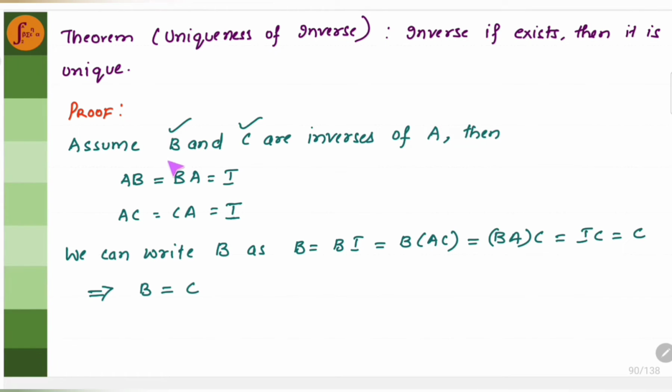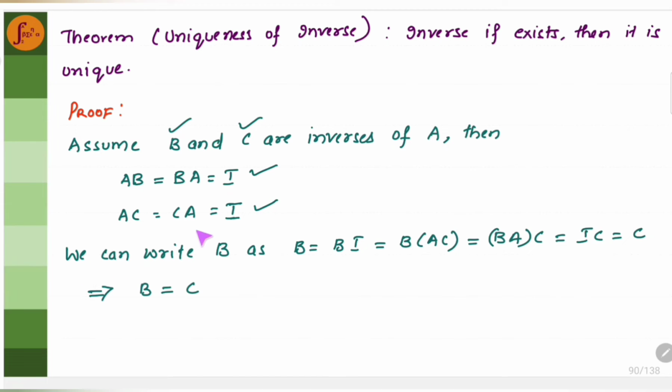So since we are assuming that B is an inverse matrix of A, the property says that A into B is equal to B into A and is equal to the identity matrix. The next thing we are assuming is C is also an inverse of A. Since C is also an inverse of A, A into C is equal to C into A is equal to I. So both these conditions should be true because they are inverses of A.